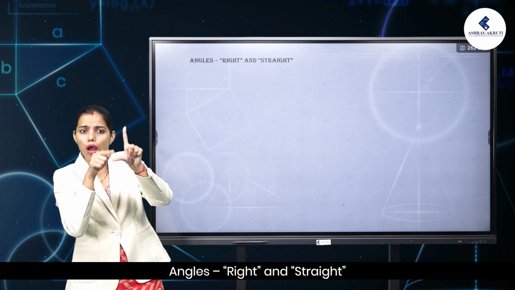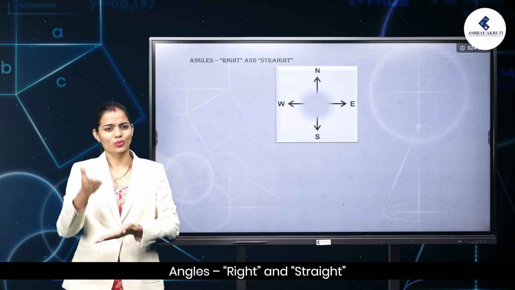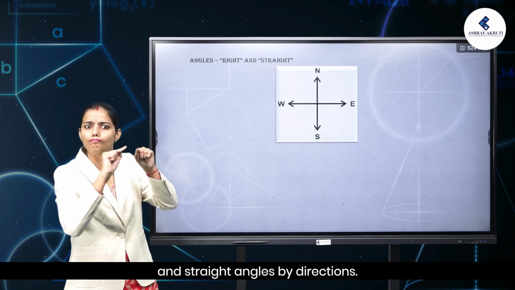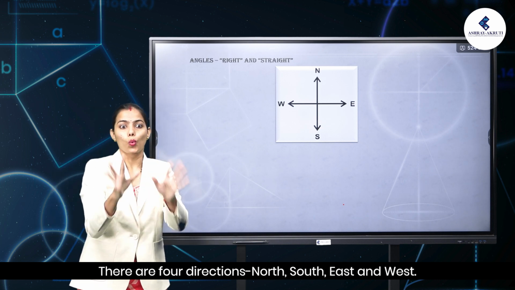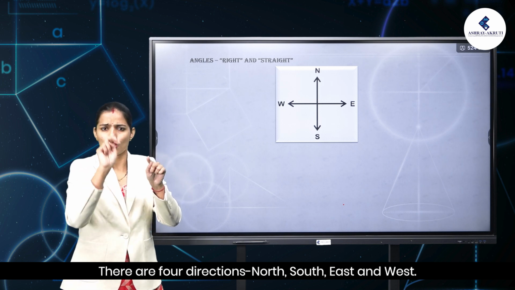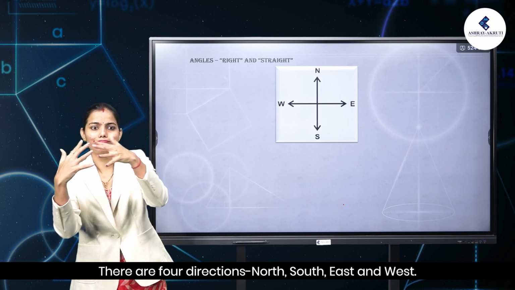Angles: right and straight. We can understand the concept of right and straight angles by directions. There are 4 directions: north, south, east and west.